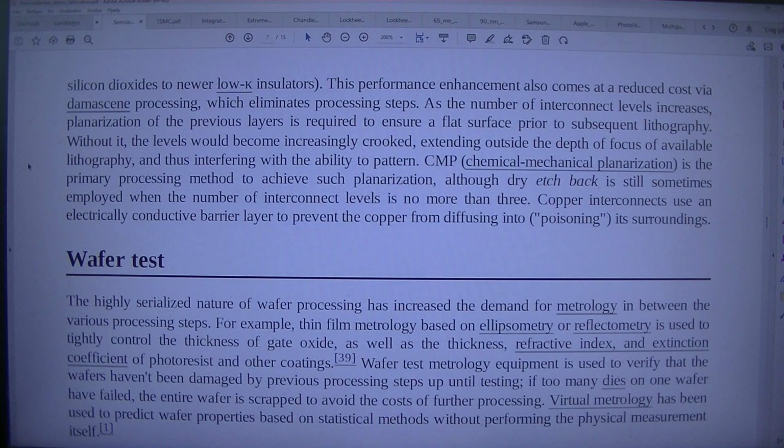CMP, chemical mechanical planarization, is the primary processing method to achieve such planarization, although dry etch-back is still sometimes employed when the number of interconnect levels is no more than 3. Copper interconnects use an electrically conductive barrier layer to prevent the copper from diffusing into, poisoning, its surroundings.